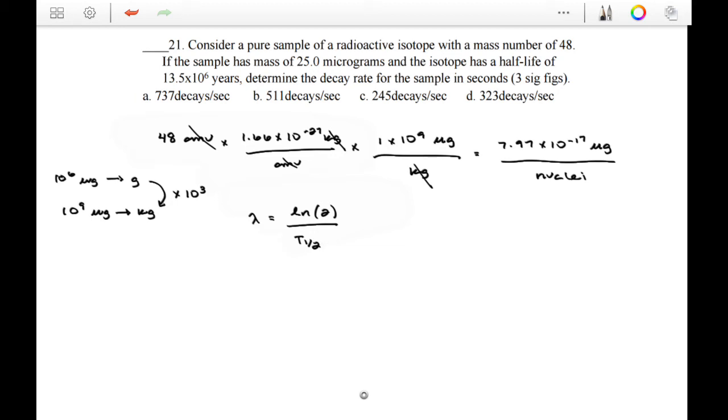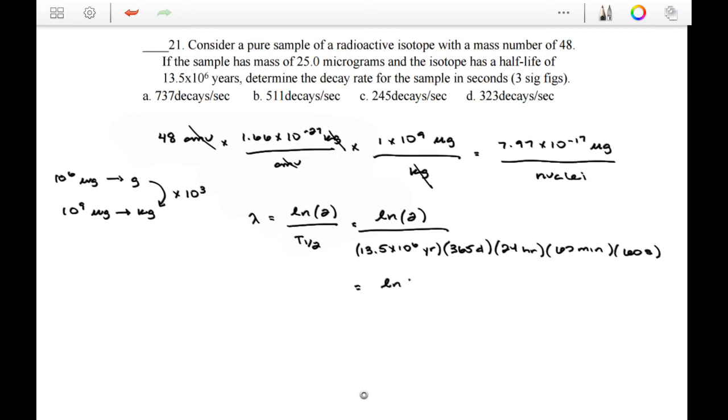So we're going to do ln of 2 over our half-life in years, 13.5 times 10 to the 6 years, times 365 days, times 24 hours in a day, times 60 minutes, times 60 seconds.